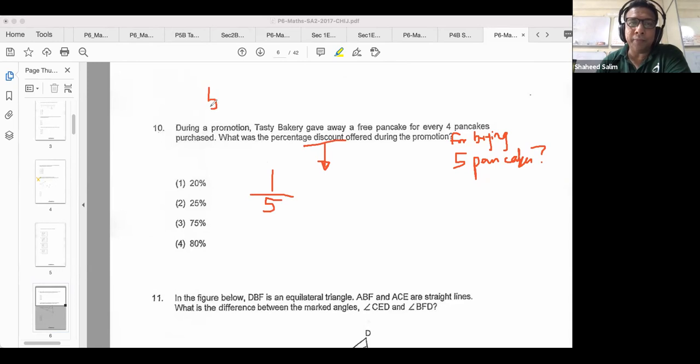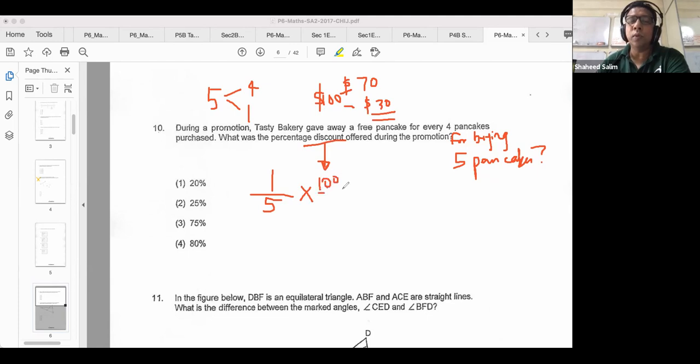You are buying 5, right? But you only pay for 4. What you're not paying is 1 pancake. Just like, for example, you're buying a toy. The toy is $100. Then they tell you you pay only $70. Your discount is $30. So your discount is what you don't need to pay, $30. What you don't need to pay, 1 pancake. So put 1 pancake out of 5 times by 100. You will get 20%.